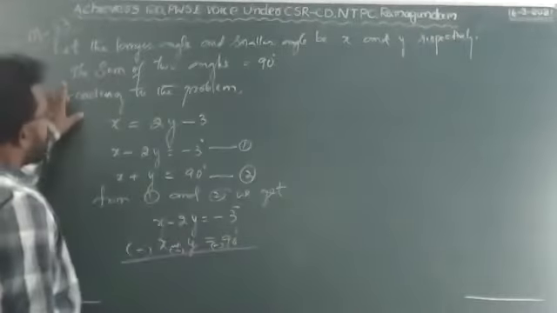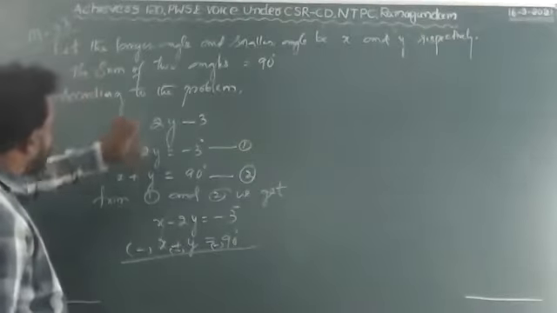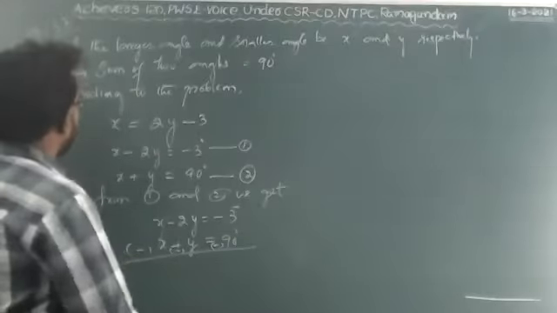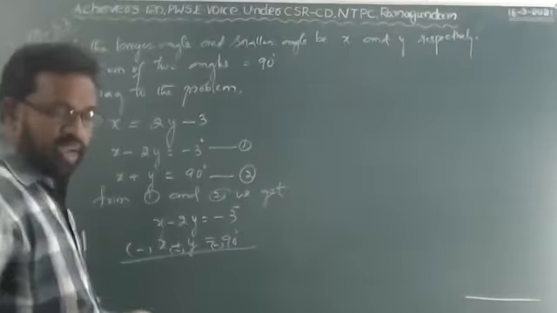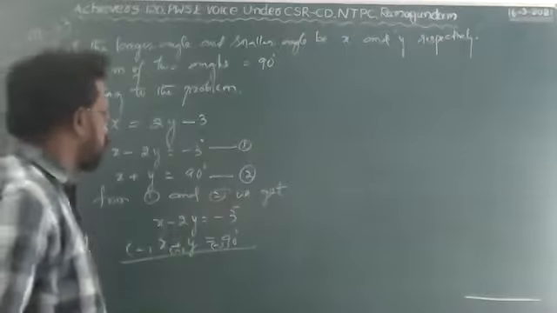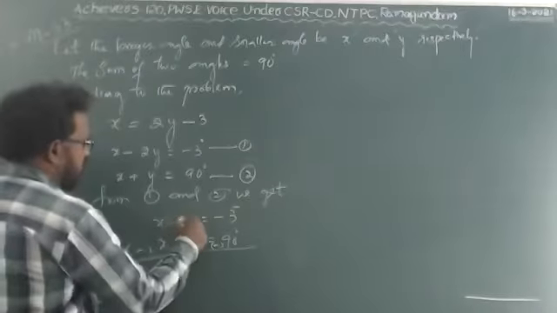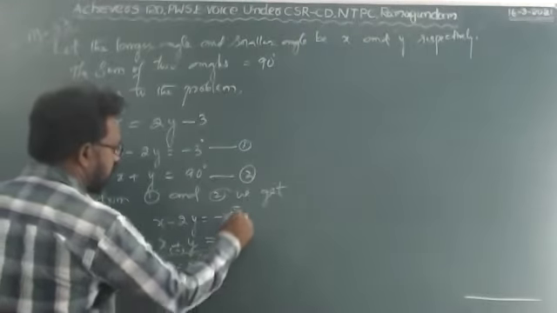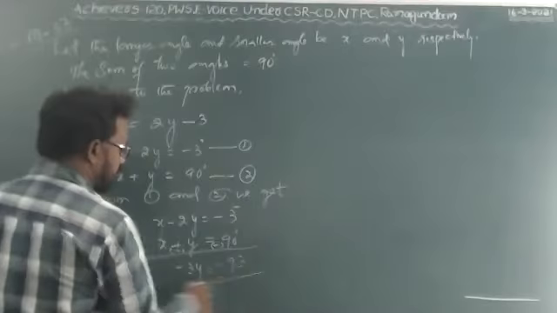The sum of the two angles is 90 according to the problem. This is the elimination method which you are doing. We'll see this elimination and also the substitution method. Subtracting, this gets cancelled. Minus 2y minus y is minus 3y is equal to minus 93.